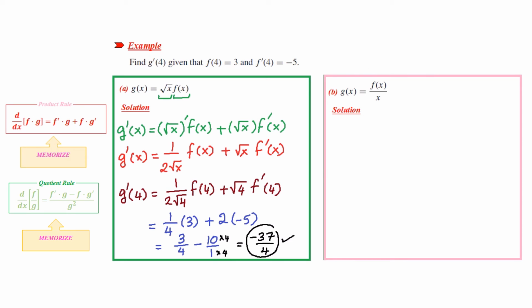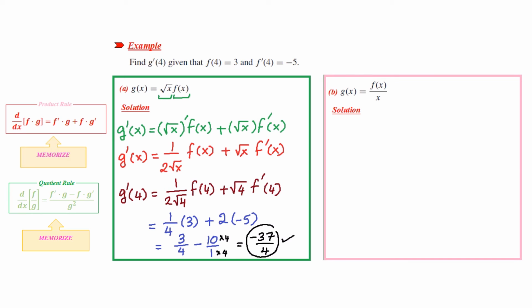In part B, we have g of x equals f of x over x. So you have to use the quotient rule, okay? And you have to memorize it also.